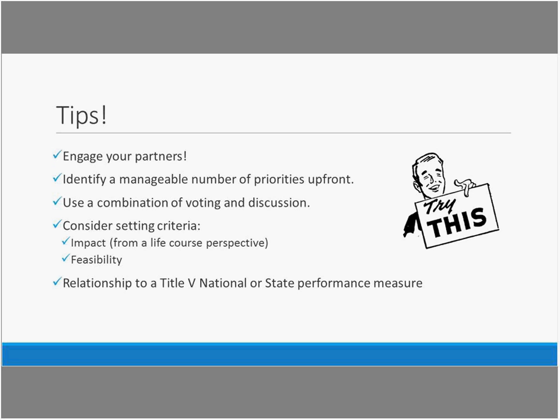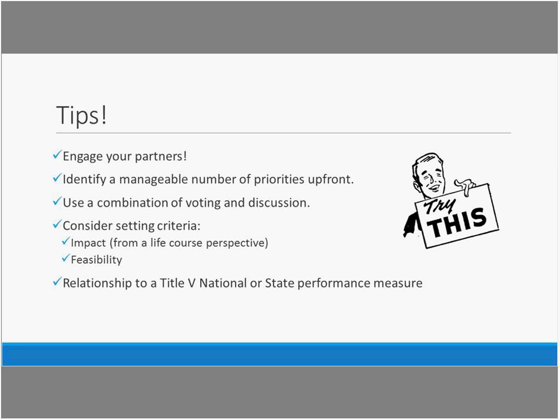Also, we really encourage you to use a combination of voting and discussion. There is, both from experience and from the research, good evidence to suggest that what people prioritize on their own initially and what they prioritize after they've discussed with colleagues what priorities should be are two very different answers.